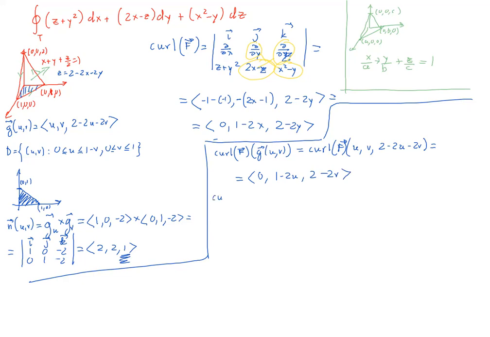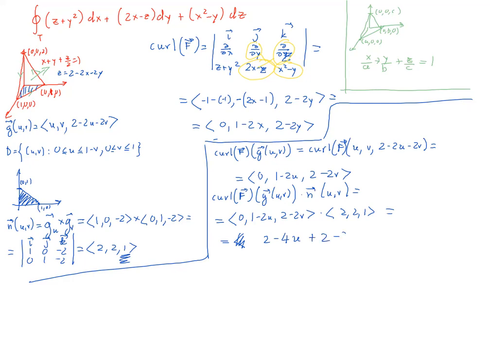Finally, we need to take the dot product of this curl with the normal vector. And this will be the dot product of 0, 1 minus 2U, 2 minus 2V dot 2, 2, 1, which will give us 2 minus 4U plus 2 minus 2V, which is 4 minus 4U minus 2V.